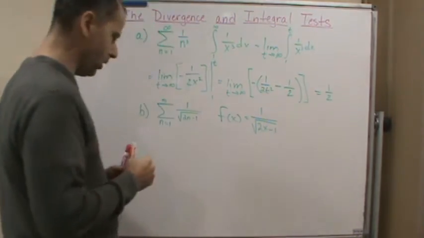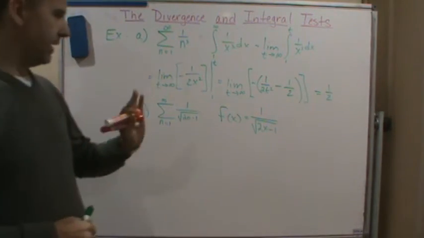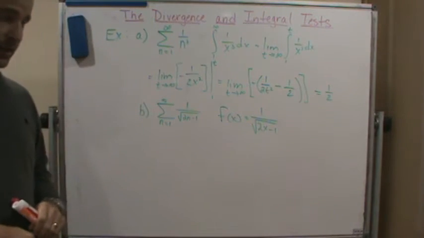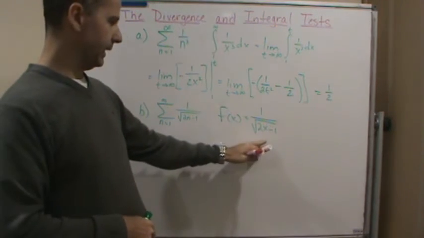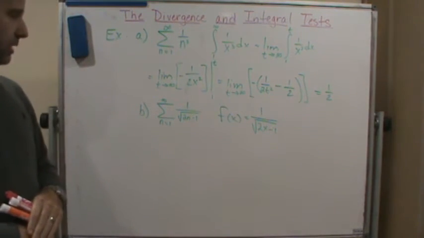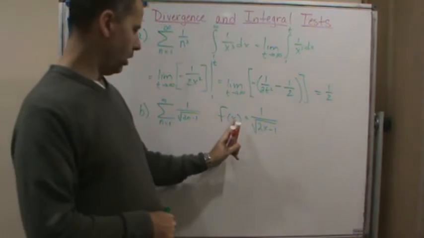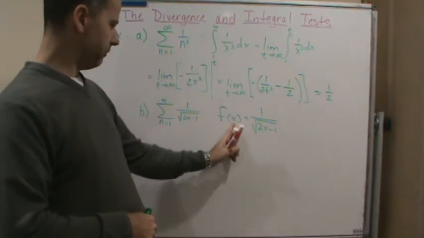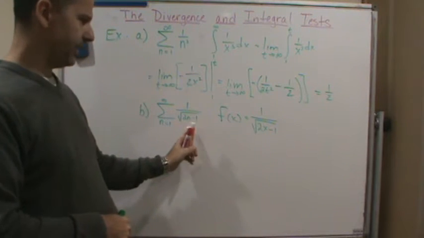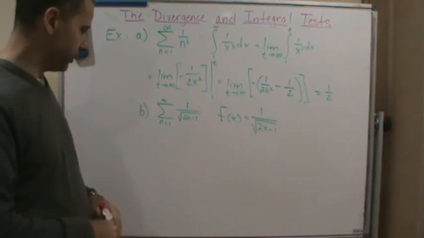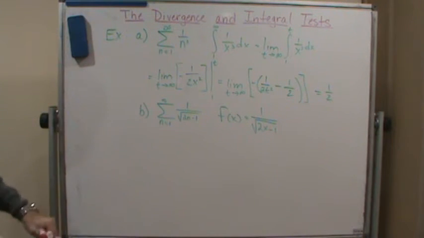So now, notice that this is a continuous function. It is a decreasing function. And for all values of n, f of n equals a sub n. So again, it meets all the criteria. So now we can do the integral test.